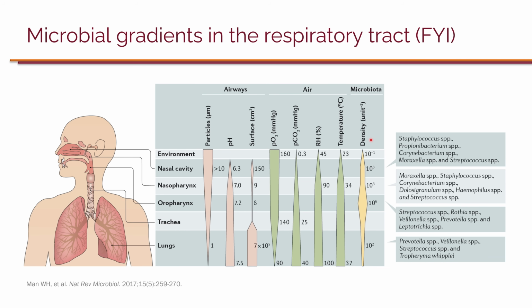So you can see that when you look at the density of microbiota, the numbers increase somewhat as the pH increases, meaning it becomes a more basic environment as opposed to an acidic environment, but then the numbers drop just because there are mechanisms to prevent bacteria from flowing deep into the lungs.